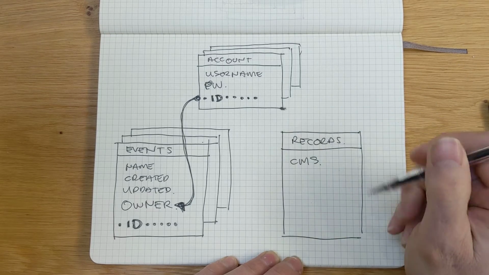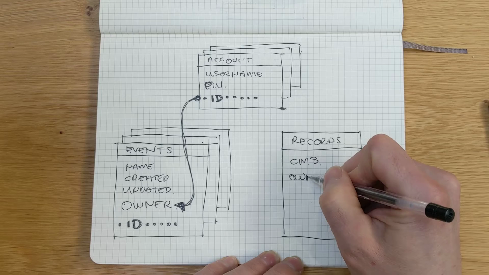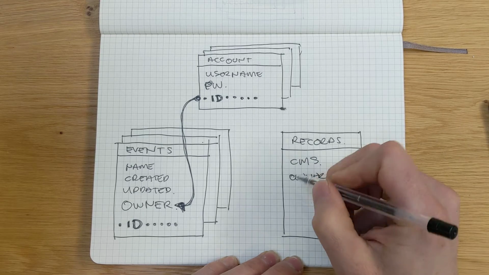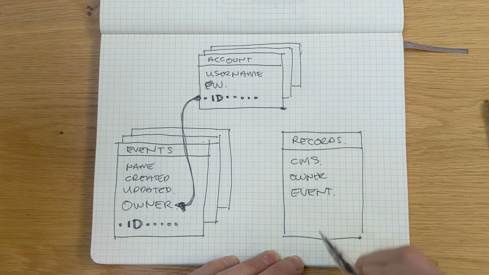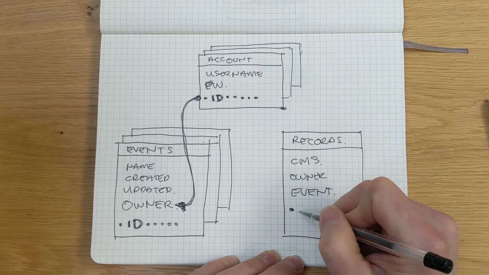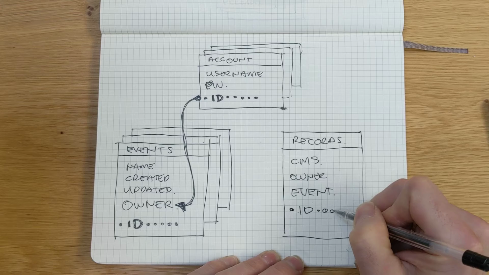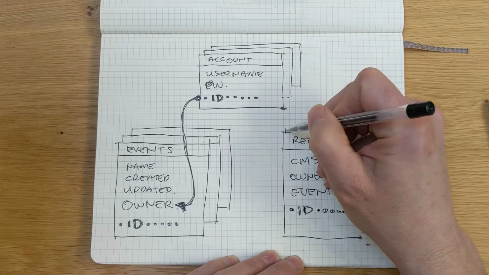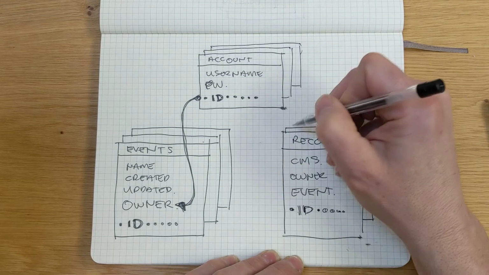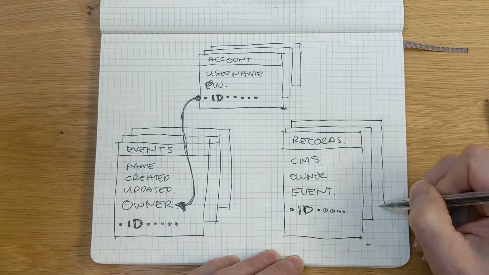So how far did I jump? Who is the owner of the record? And what event did I jump in? And then for every record, we're going to get an ID made in the records table.